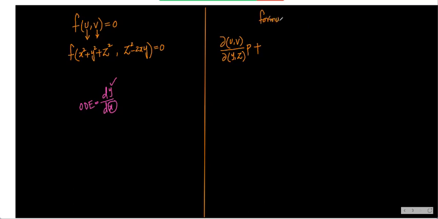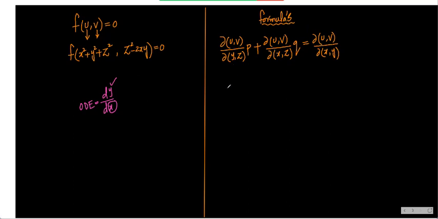Very important formula. If I do the questions based on these formulas, then the elimination of arbitrary constants concept will be over. Then we can form a differential equation by the direct integration method. Jacobian of u, v with respect to x, z into q is equal to Jacobian of u, v with respect to x, y.